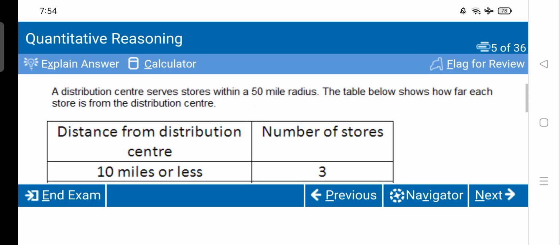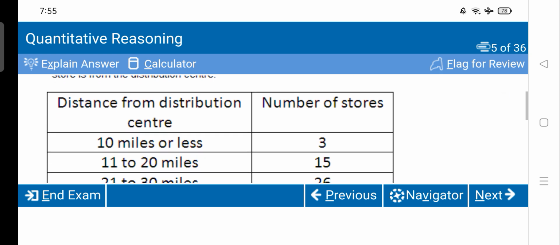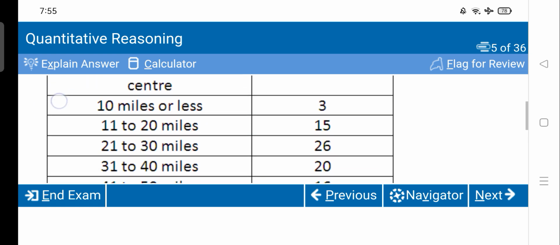Next we have question number 5, which says a distribution center serves stores within a 50-mile radius. The table shows how far each store is from the distribution center: distance from distribution center and then number of stores.